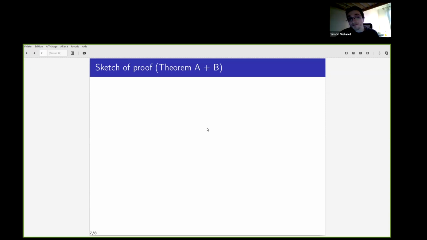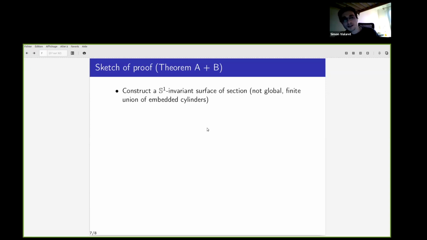The first step of the proof is to produce some nice surfaces of section. By nice, I mean S1-invariant, so invariant under the action. What is a surface of section?